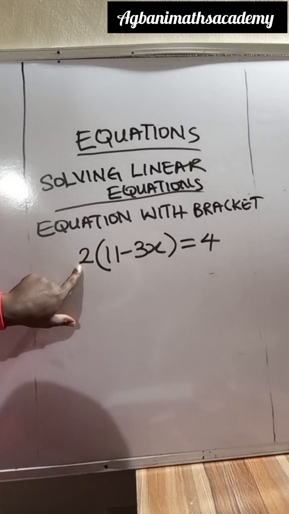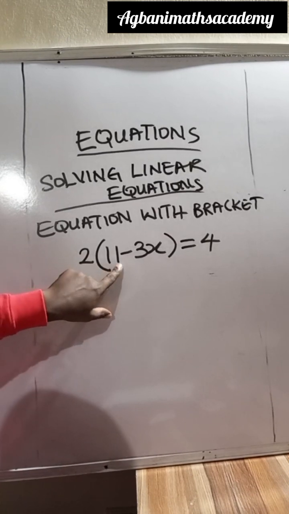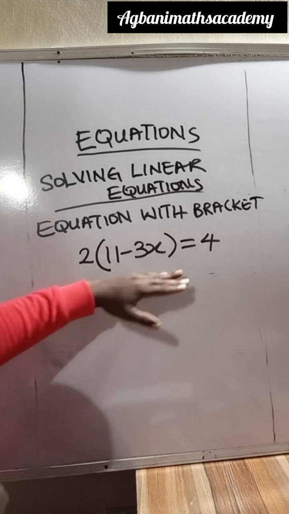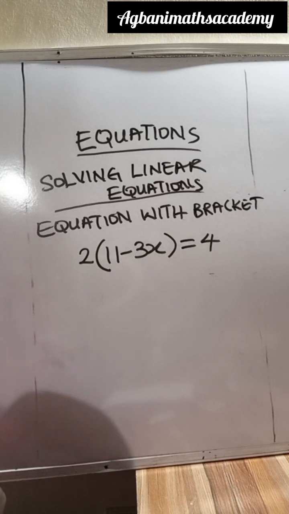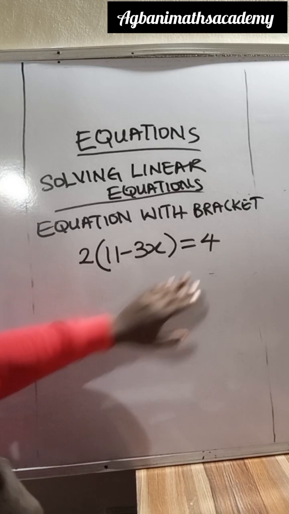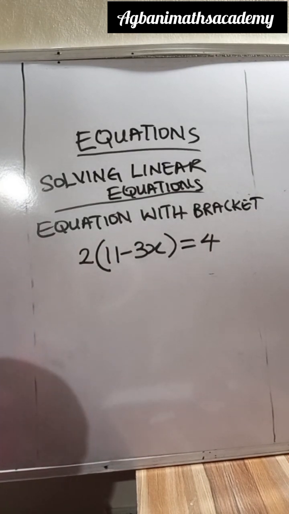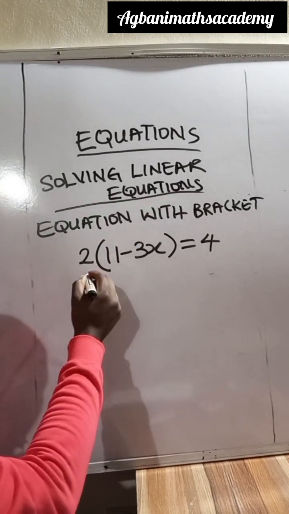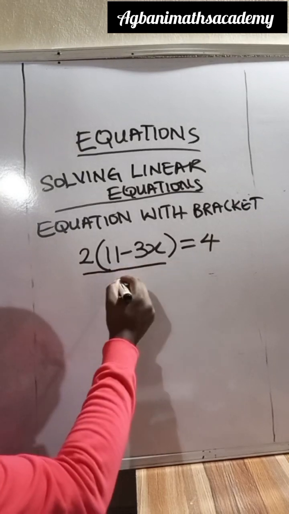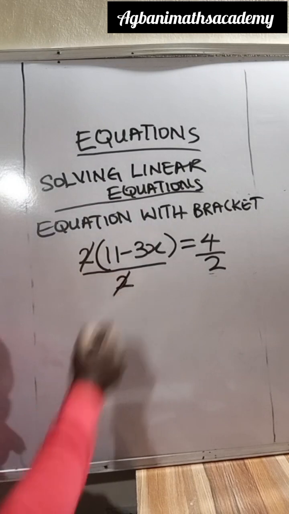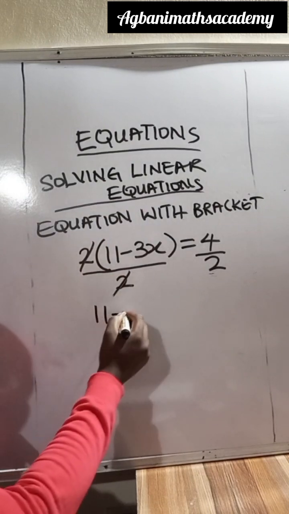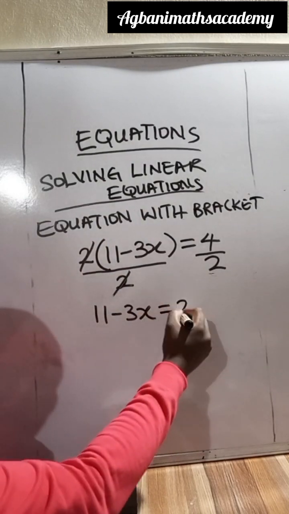Instead of multiplying what is outside by what is inside, we simply divide, since bracket means multiplication. So we introduce the opposite of multiply by 2, which is divide by 2, and we do it to both sides of the equation. This 2 cancels out this 2, so we have 11 minus 3x is equal to 2.